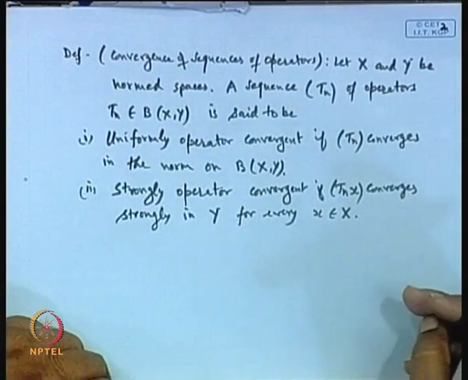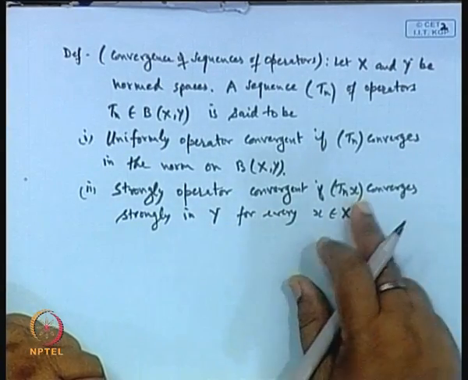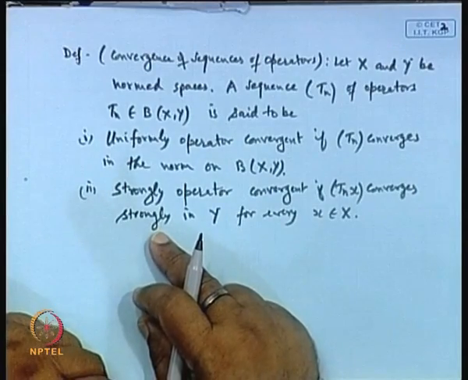So, the norm of Y is there, therefore this sequence converges strongly in Y, because in normed spaces we have seen two notions: one is strong convergence, another is weak convergence.